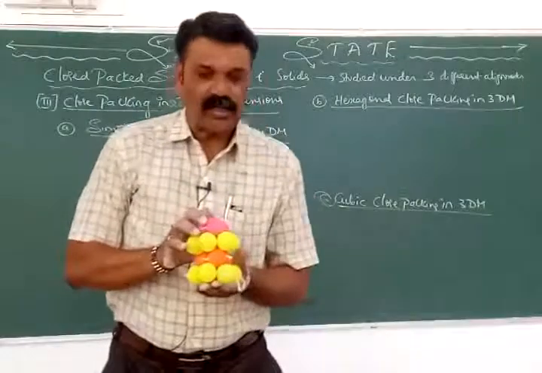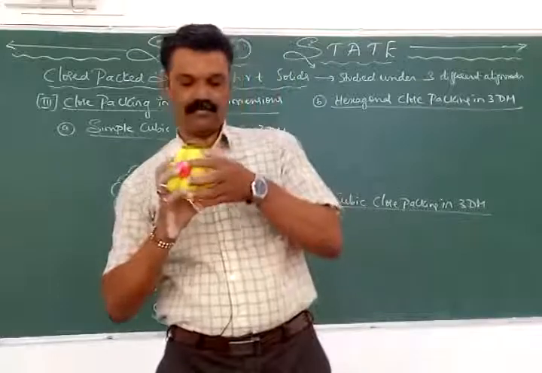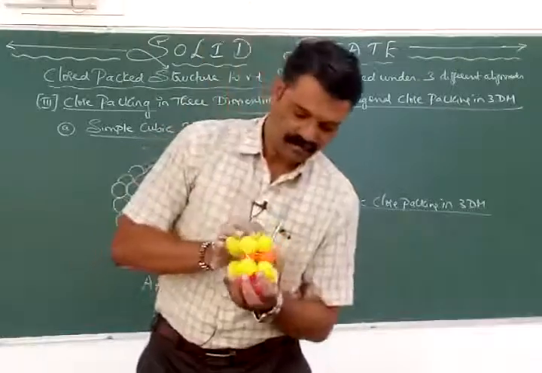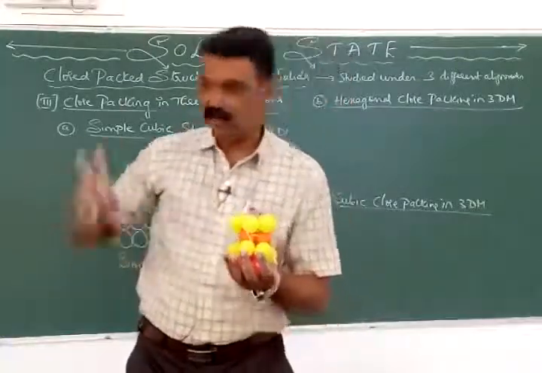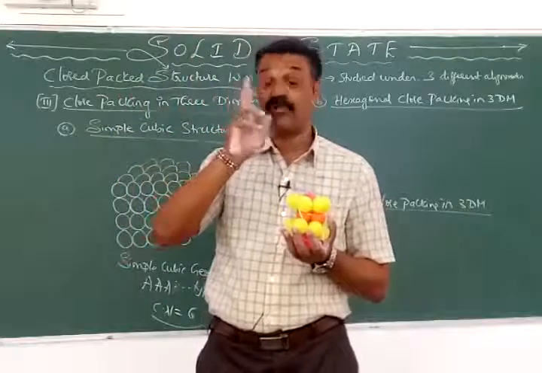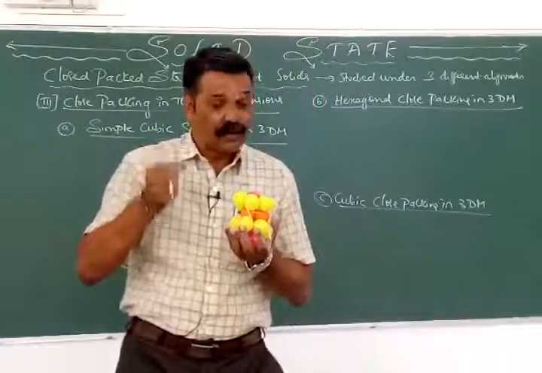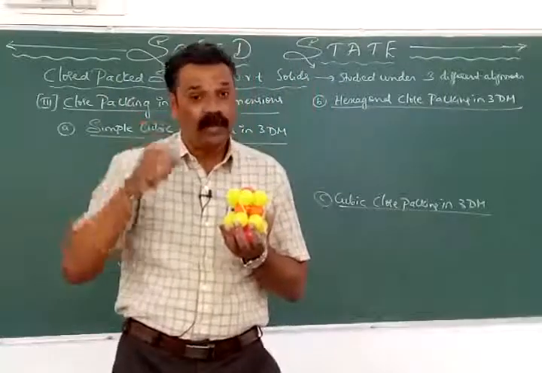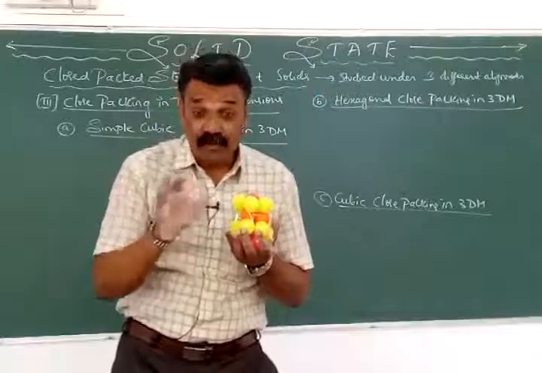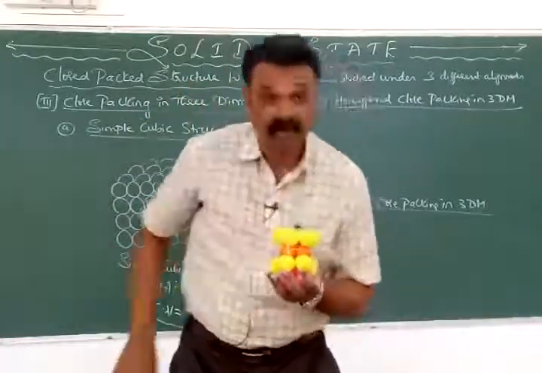So this is the geometry that I am observing when the 2-dimensional AA type of square close packing is in alternate ways. Means instead of placing the spheres one above the another or one below the another, in between the two, the second layer if it is placed, this is the geometry we are observing.